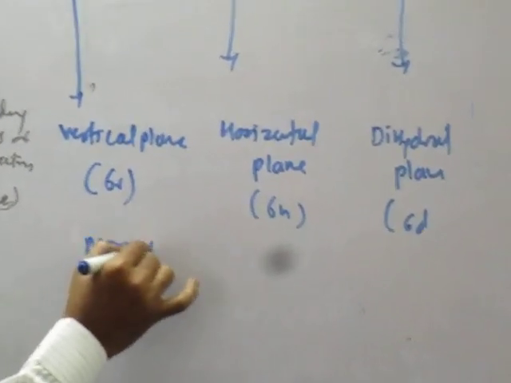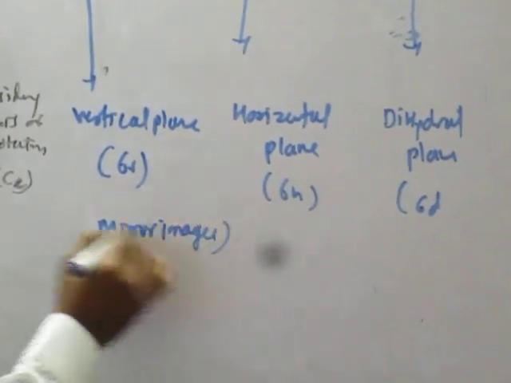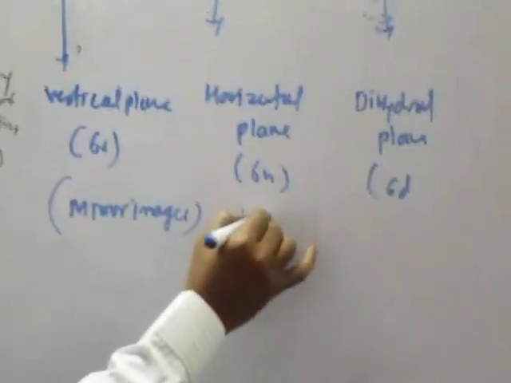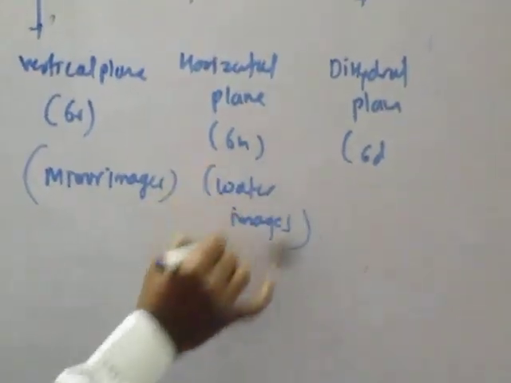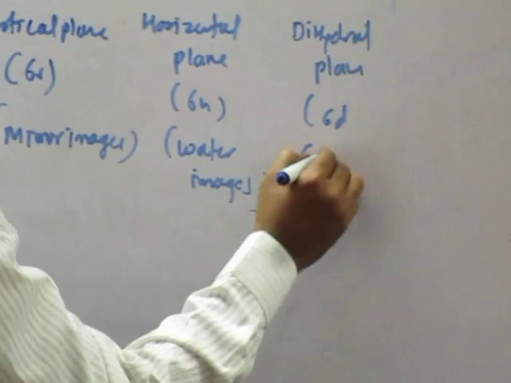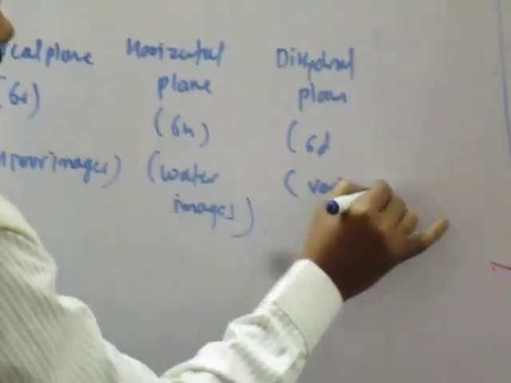The sigma v is the vertical plane passing through, giving a mirror image, like the water molecule. And those are vertical planes.